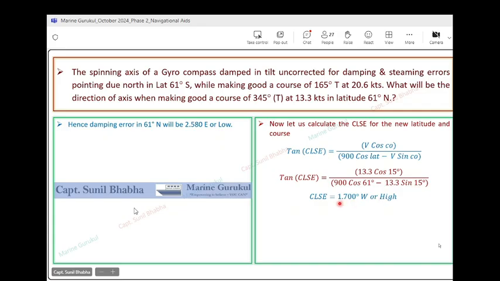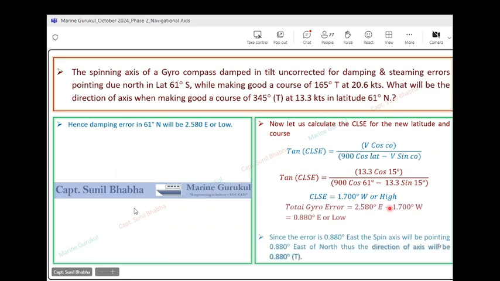Putting these values in the calculator gives us the steaming error as 1.7 degrees west or high. Now, why is the steaming error westerly or high? This is because the course has a northerly component. 345 is a northwesterly quadrant course. Whenever the course has a northerly component, the steaming error is west or high.